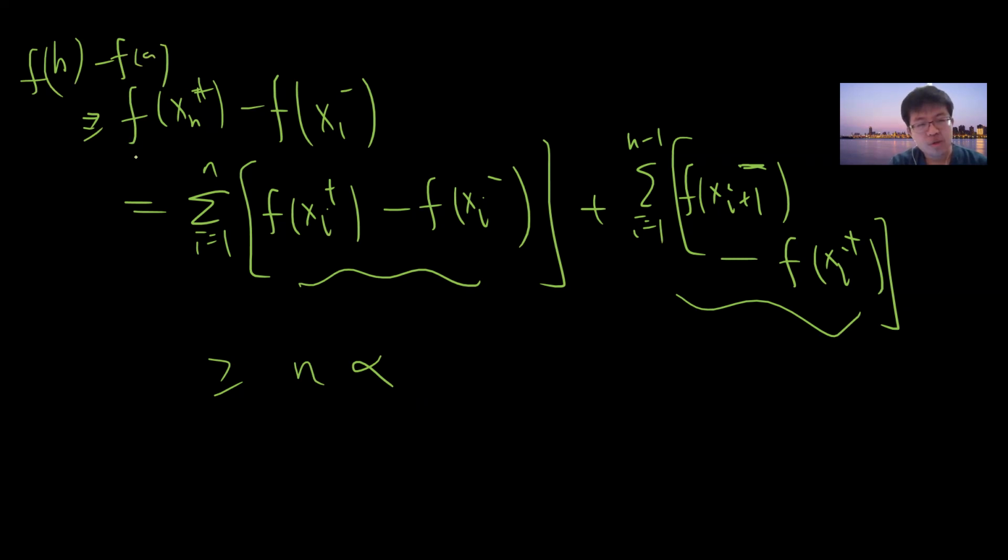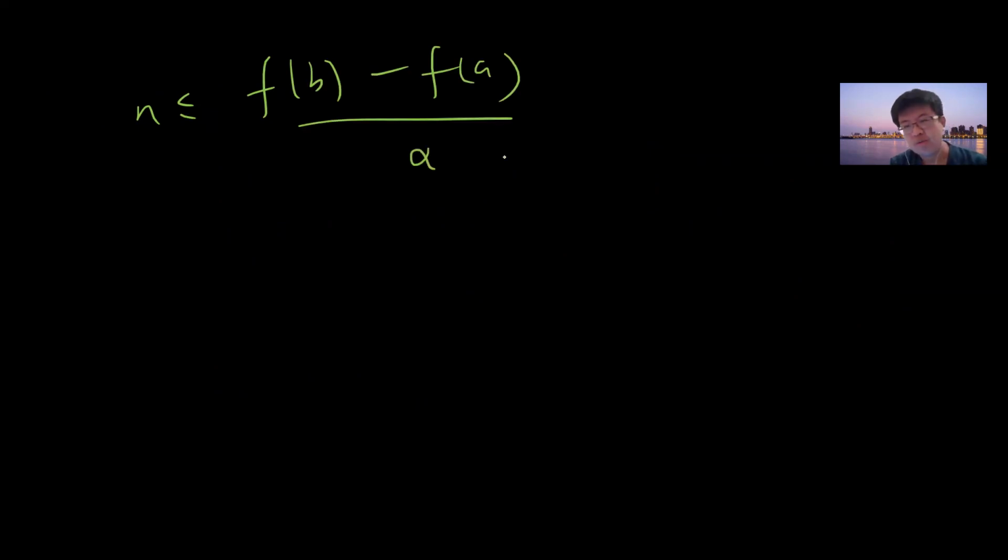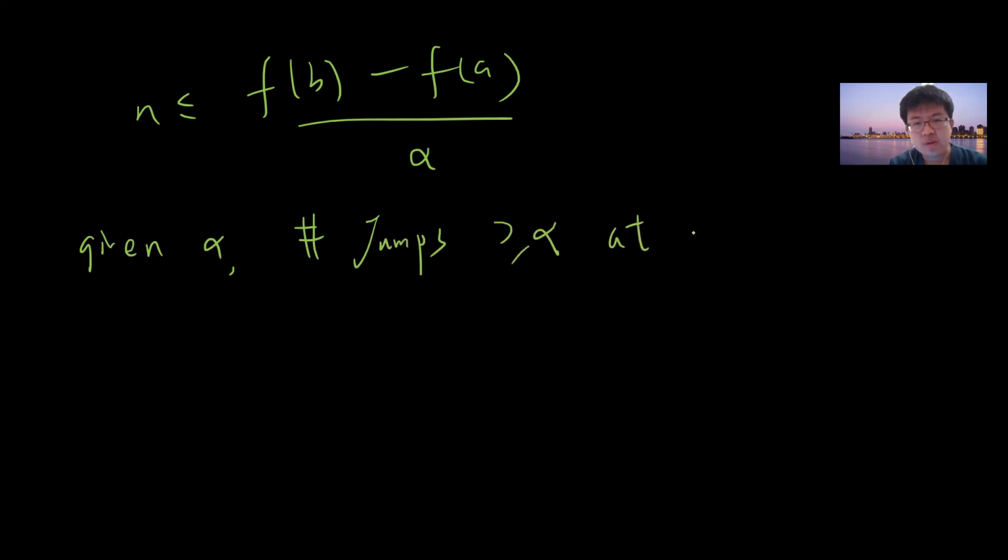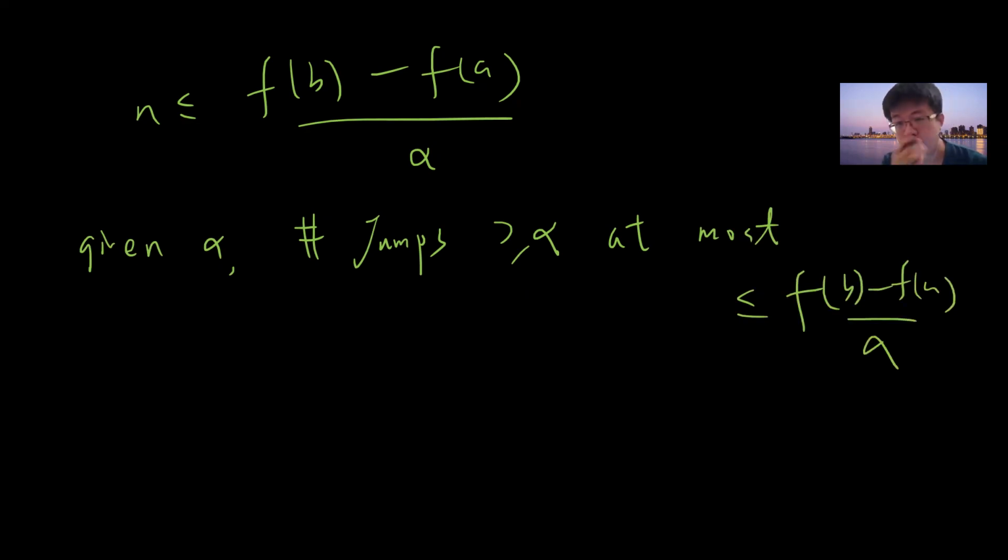So n is less or equal to f of b minus f of a, divided by alpha. Given alpha, the number of jumps greater or equal to alpha is at most (f(b) minus f(a)) over alpha. So now we can finish the proof.